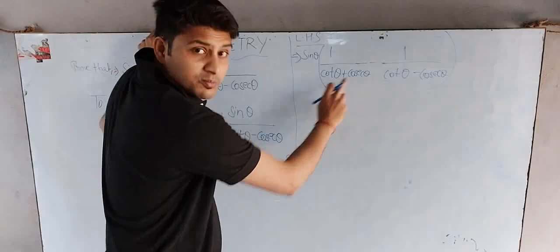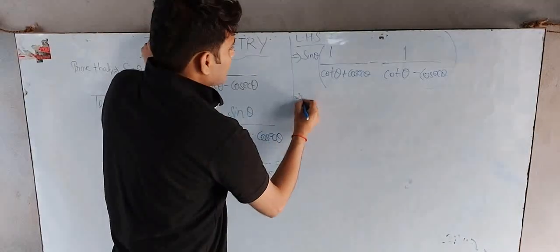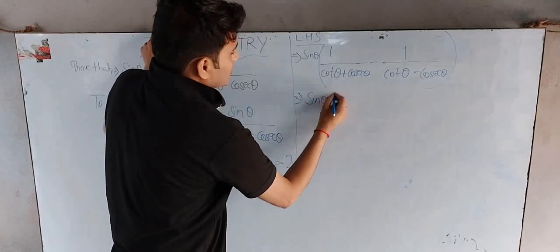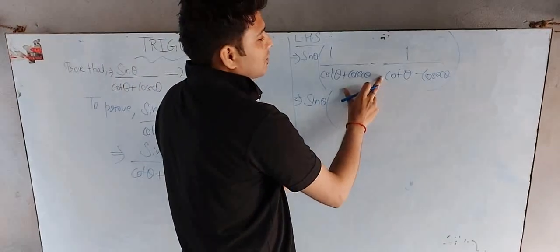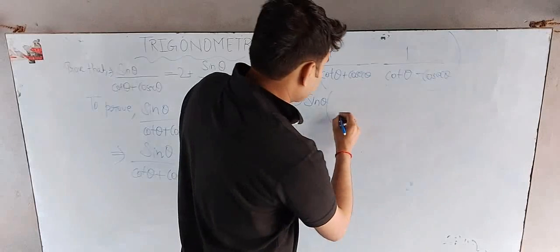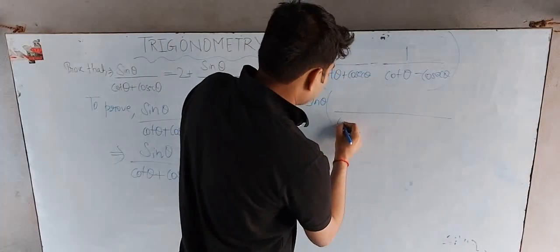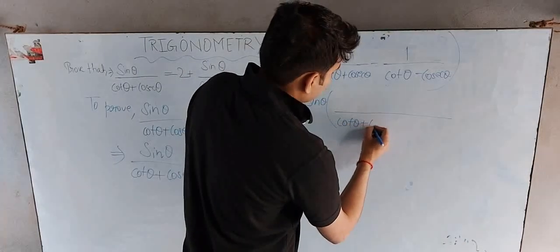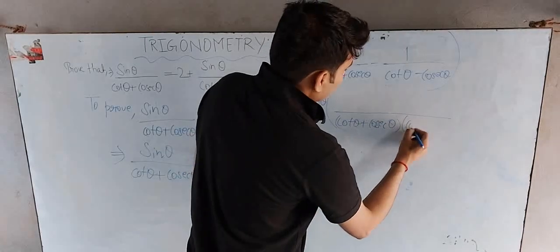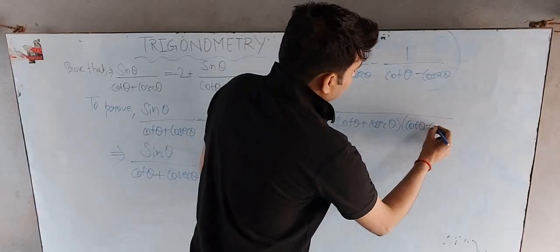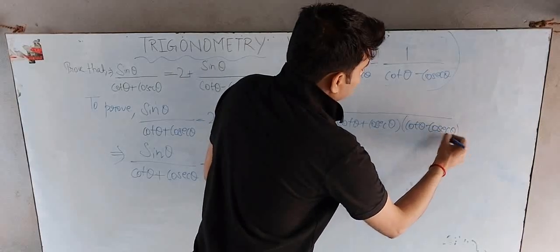Now solve these two terms, what you will get? You will get LCM as cot theta plus cosec theta into cot theta minus cosec theta.